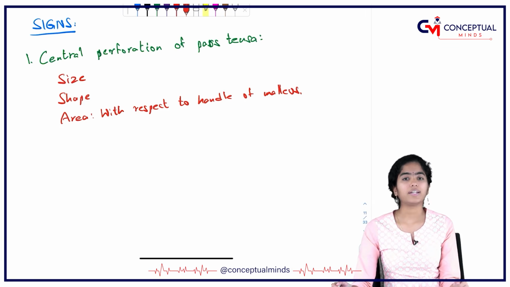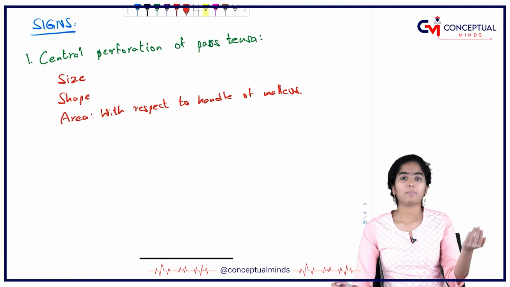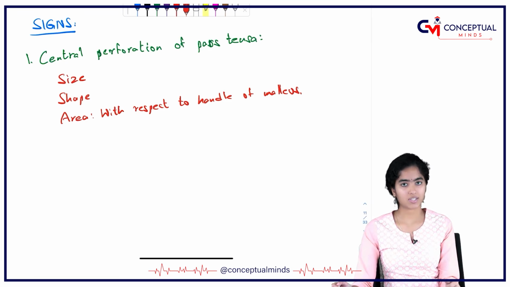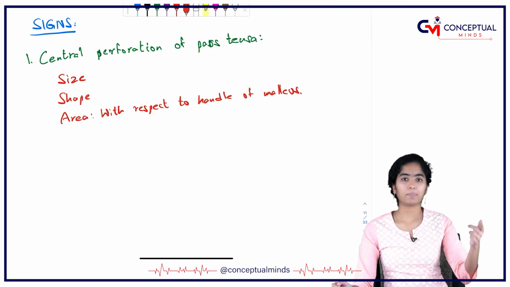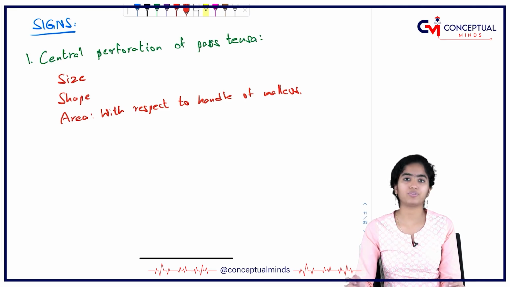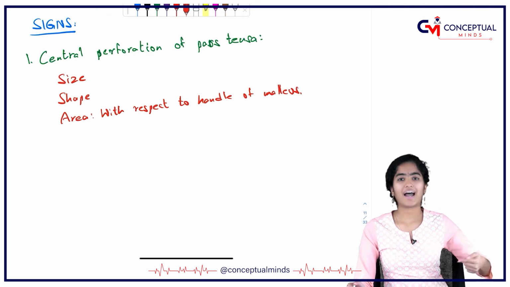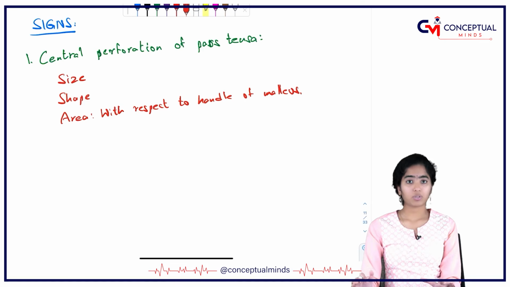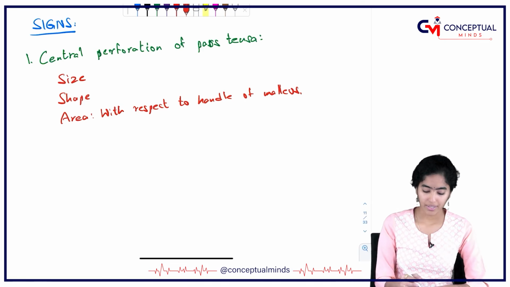If it is central, it could be present in the anterior, posterior or inferior quadrants with respect to handle of malleus, or sometimes it could be a subtotal perforation involving 2 or 3 quadrants, or sometimes it could be a total perforation where only the annulus of tympanic membrane is seen. So that was about perforations. Here what we find is a central perforation.